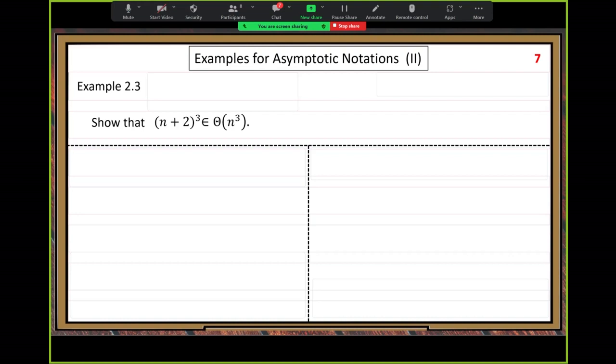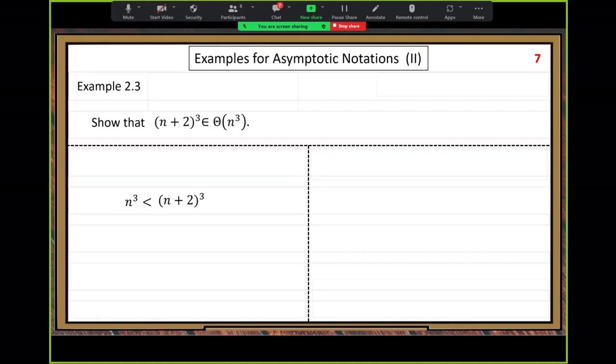Let me leave the limit method for your own practice, because it's not hard. Here I only do the definition method: upper bound and lower bound. So lower bound first.